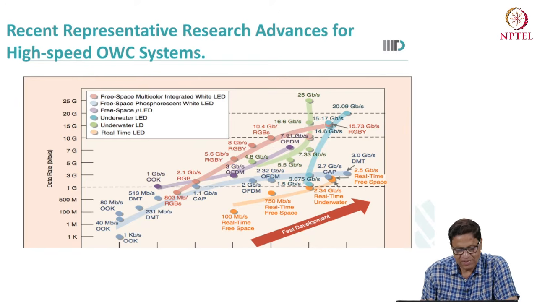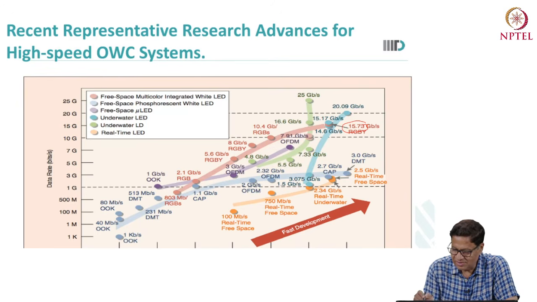Whether using free space or communication in underwater, the OWC community has achieved very high data rates of the order of, for example, 15.73 gigabits per second using integrated white LED.